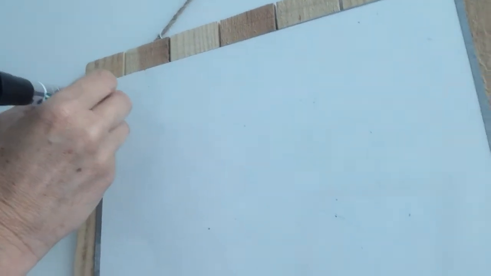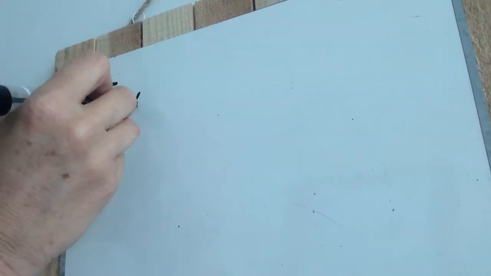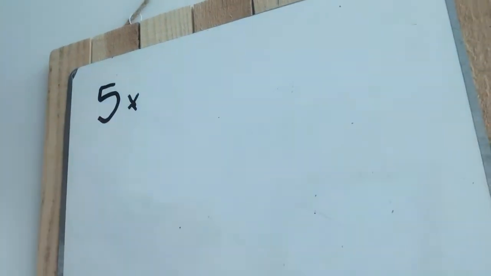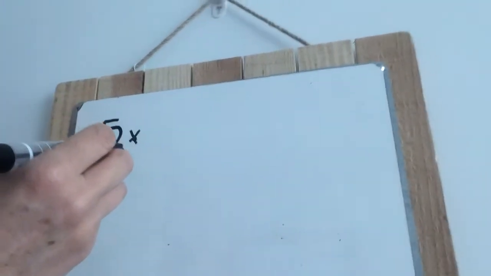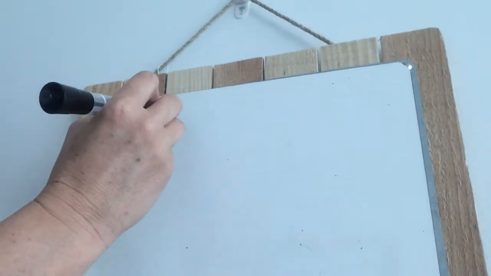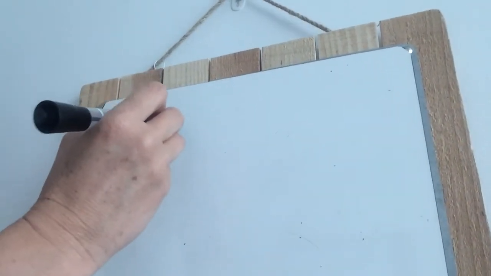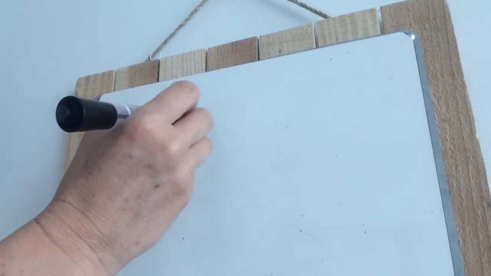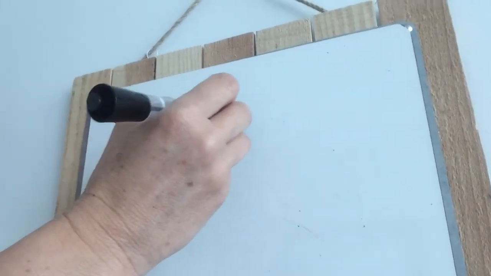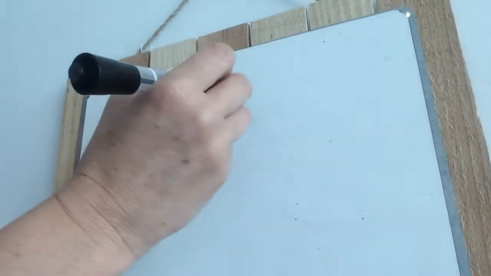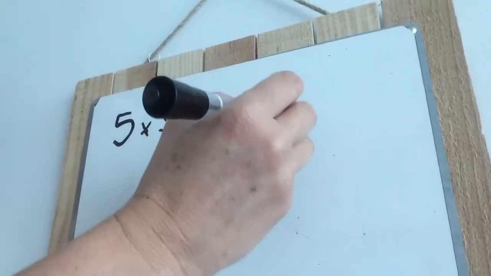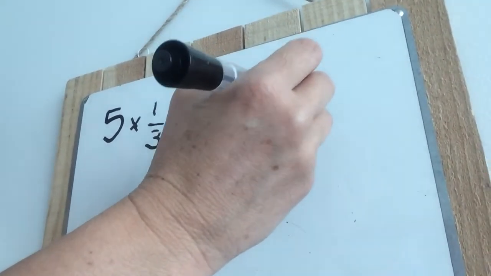So for example, when you're resizing something, if you have a whole number and you want to multiply it by a fraction that is smaller than 1, then you're going to end up with a smaller number. So let's say if I multiply this times 1/3, I'm going to end up with 5/3, which really equals 1 2/3, right?